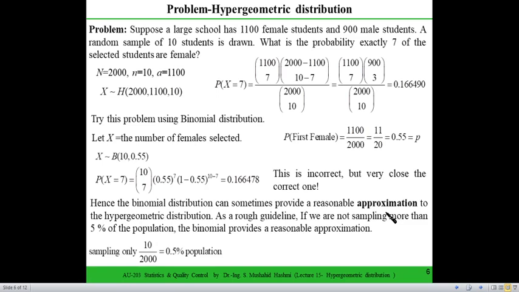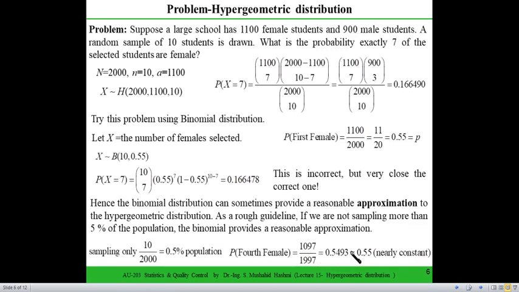Our 10 out of 2000 is only 0.5%. So, for example, for the probability of the fourth female, once you pick the first female, the total number of females has been reduced, which would not be 1100 but 1097, and the total population will also be reduced, since you are not replacing it.